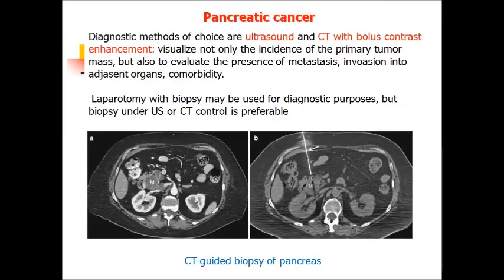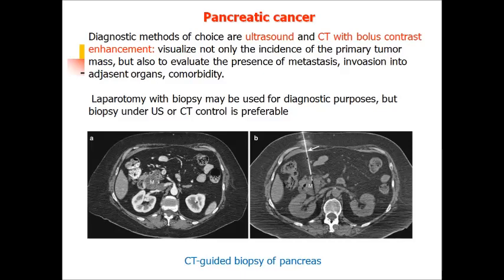Pancreatic cancer. Diagnostic methods of choice are ultrasound and CT with bolus contrast enhancement. It allows us to visualize not only the primary tumor mass, but also to evaluate the presence of metastasis, invasion into adjacent organs, or comorbidities.